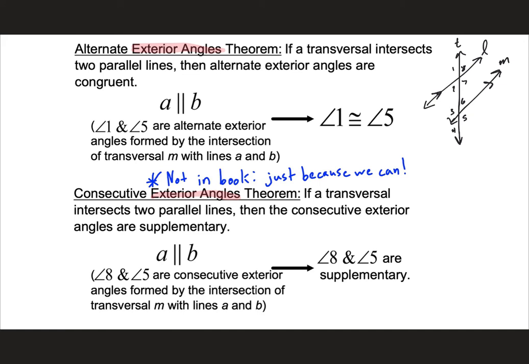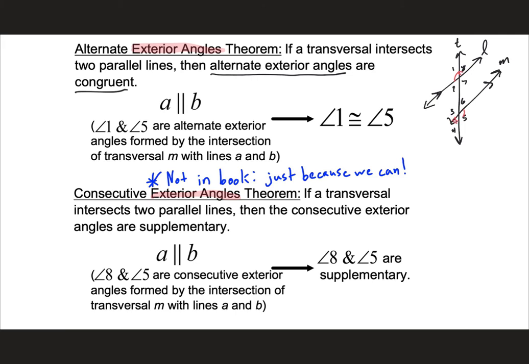Now, if you have the parallel lines, then the alternate exterior angles are congruent. So 1 and 5, 8 and 4 would be my congruent pairs in this picture.